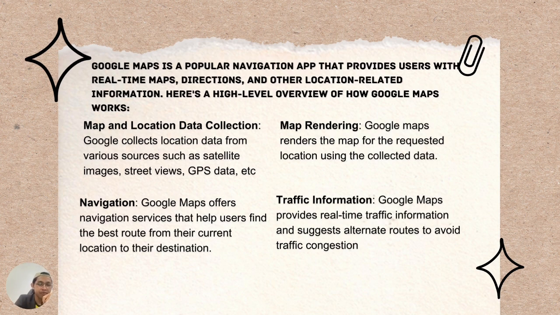One of them is map and location data collection. Google collects location data from various sources such as satellite images, street views, GPS data, etc. And map rendering: Google Maps also renders the map for the requested location using the collected data. They also provide traffic information, where they provide real-time traffic information and suggest alternate routes to avoid traffic congestion.